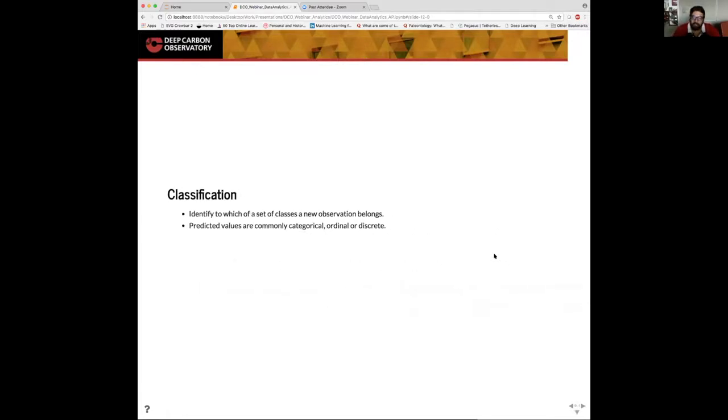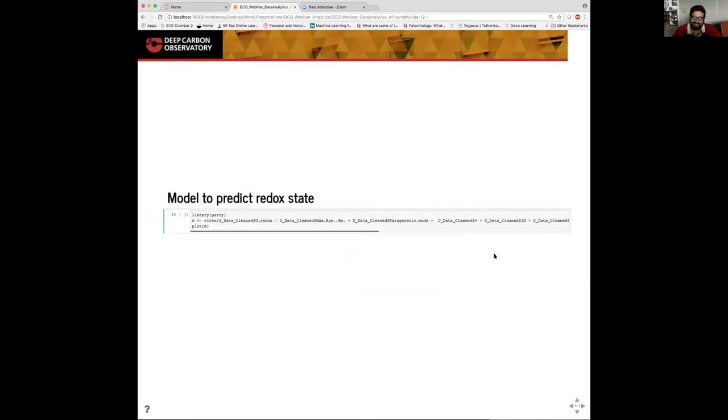So on to classification. Classification models are usually used when the predicted values are categorical, ordinal, or discrete. Here we assign a new data point or observation to a known set of classes. As an example for classification, I'm creating a model to predict the redox state of uranium minerals, and I'm giving it a whole list of parameters, which are the independent variables.